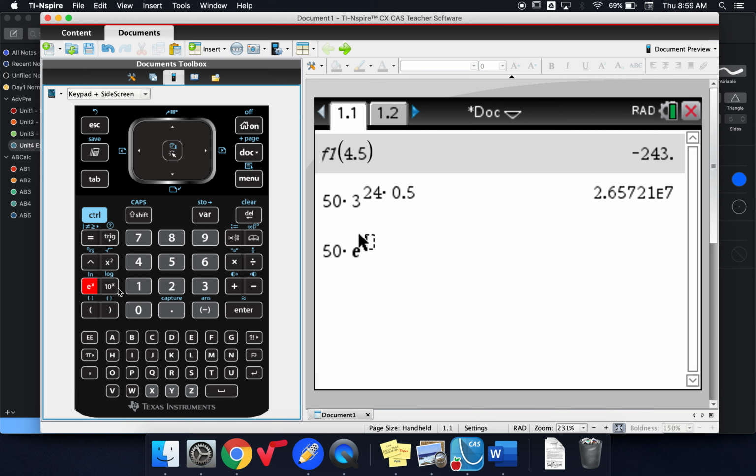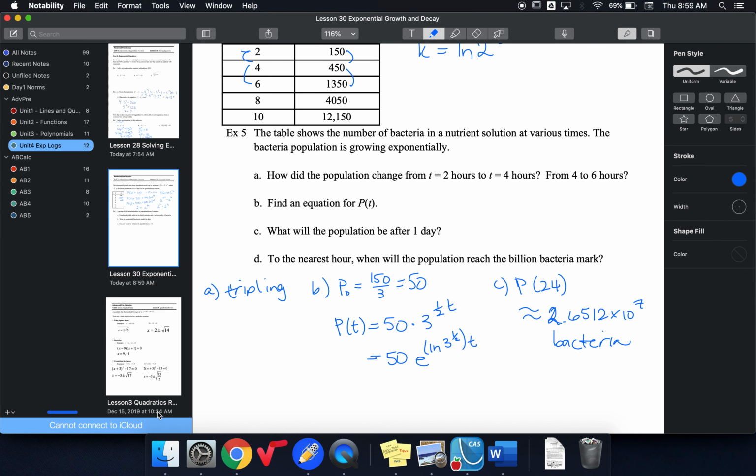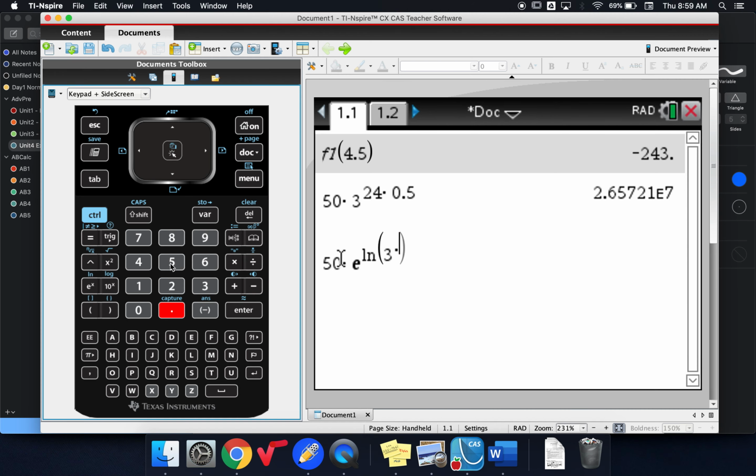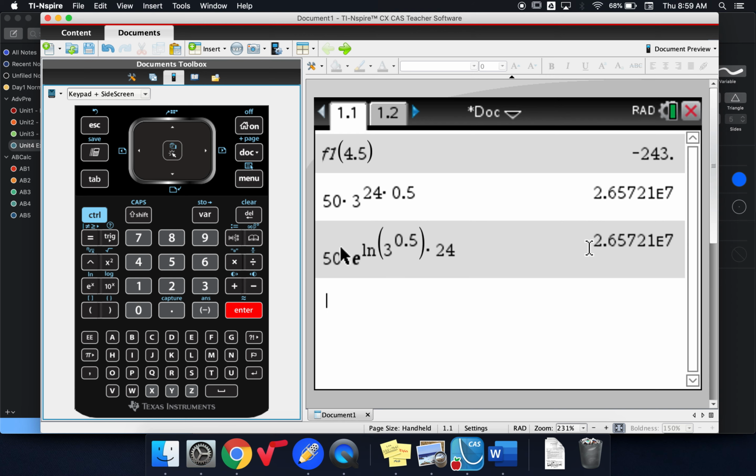I would like to do this one, e to the ln of 3 raised to the 1/2 times t, close my parentheses, times 24, and we get the exact same answer.